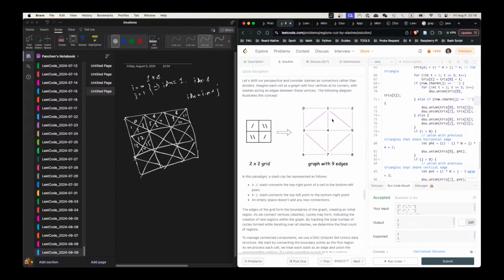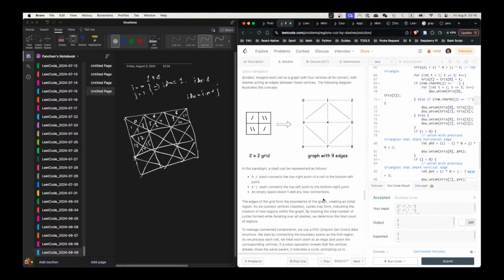Oh, so we're joining these things. The edges of the grid as we connect vertices, cycles may form.